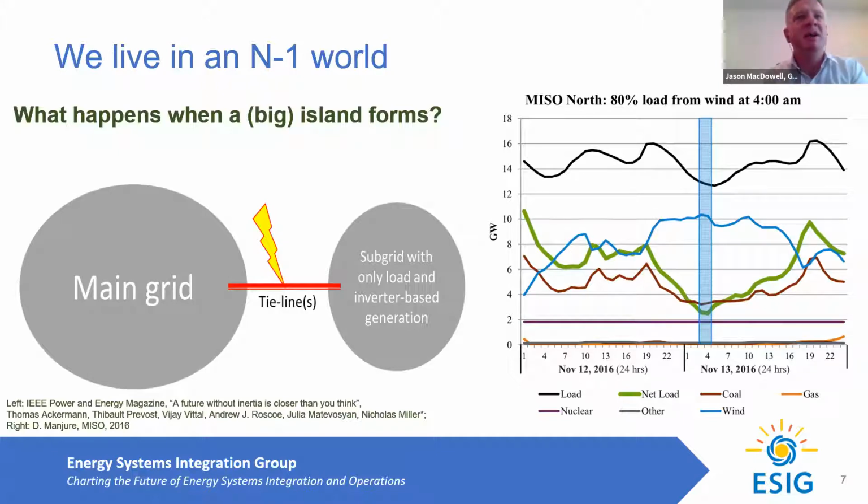So you see here, some time ago, there was a penetration where 80% of the load in the northern part of MISO was served for a couple hours in 2016, in November of 2016 at 4 a.m. when the load was light.